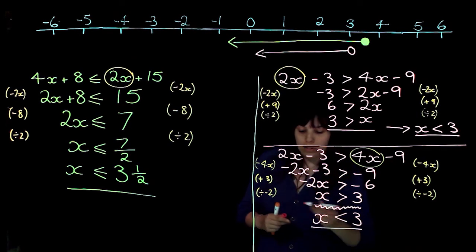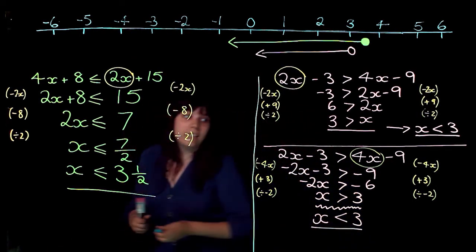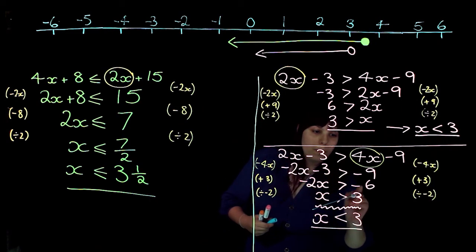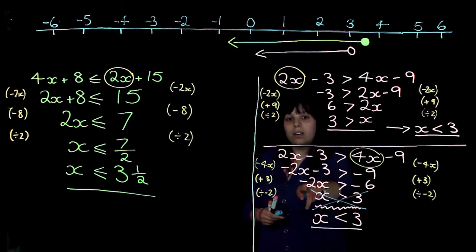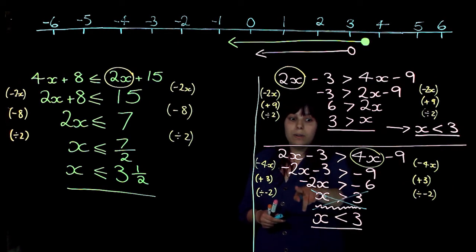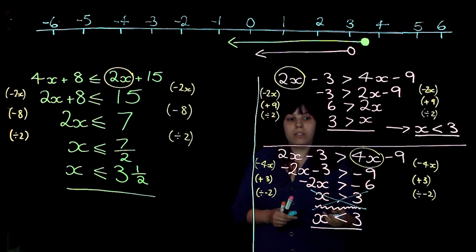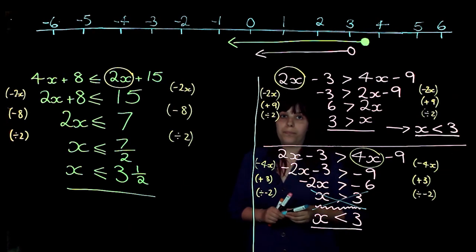So that is my actual solution, and this one is incorrect. So remember, when you divide by a negative number, you need to change the sign round to point in the other direction.